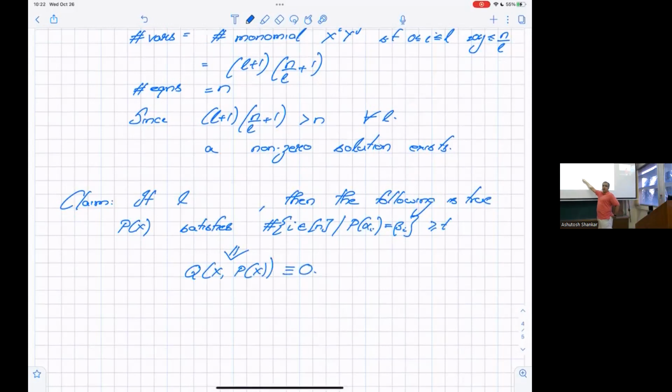If this happens, y minus P of x will be a factor of Q.